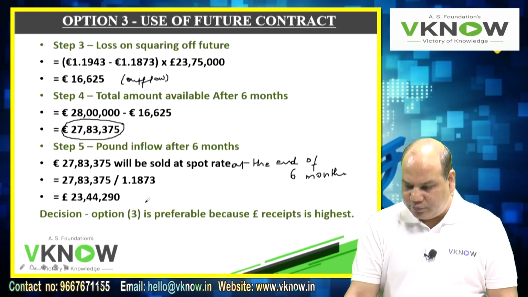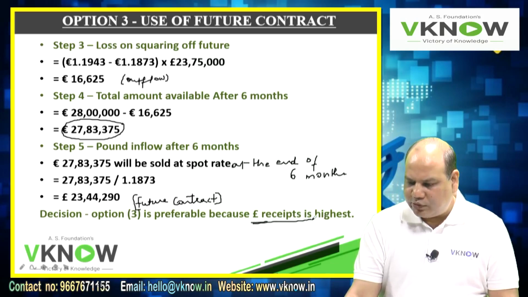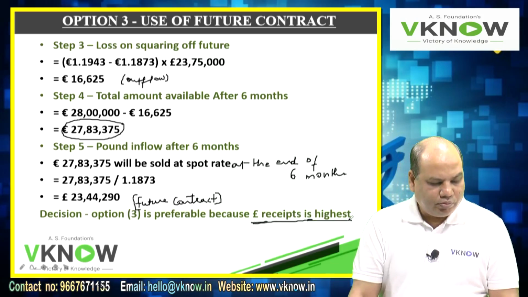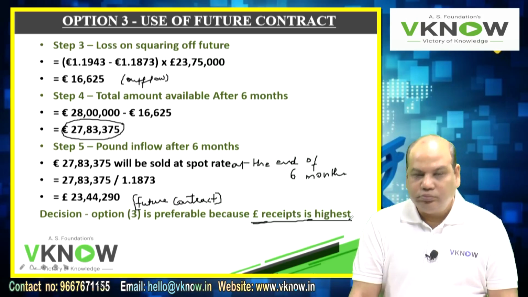Option 3 in bracket, future contract. Future contract is preferable because pound receipt is highest. This answer is over. Now we'll take a break.